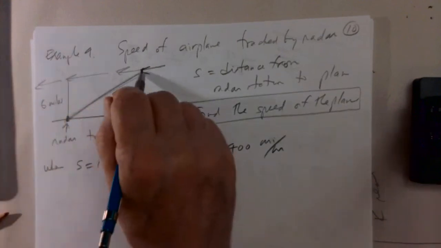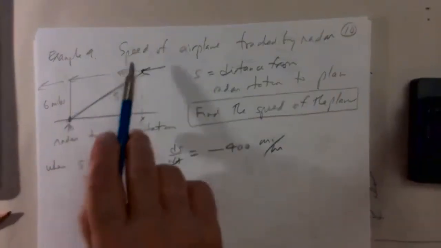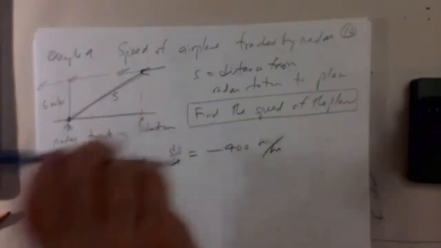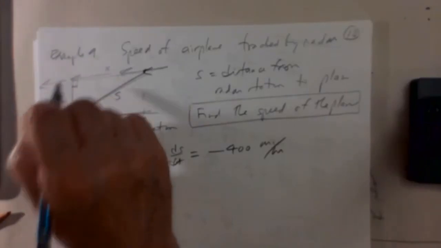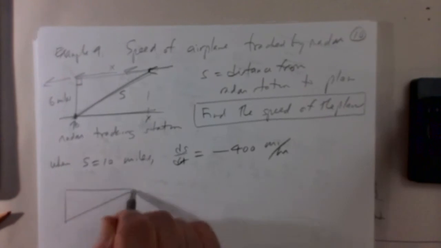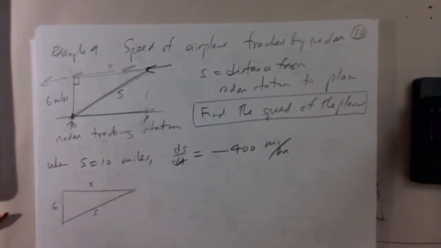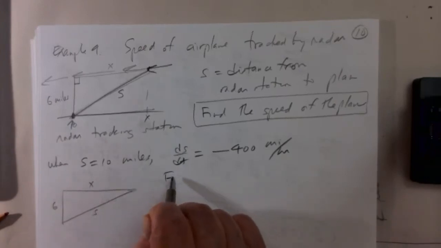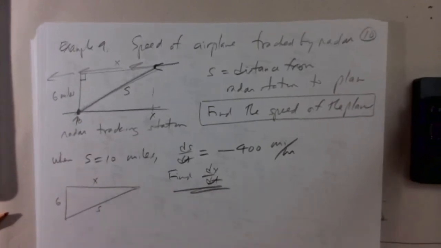So suppose we let x be the horizontal distance from the plane to the tracking station. So this is x, which means this is also x. That's the same thing. And that's a right triangle. So what we have is that this is 6, this is x, this is s. And we want to find the speed of the plane, dx/dt.